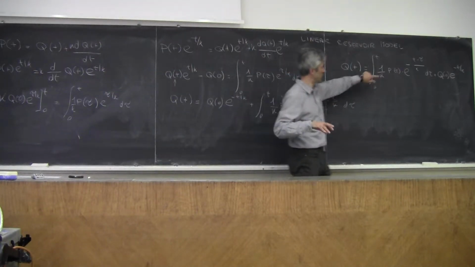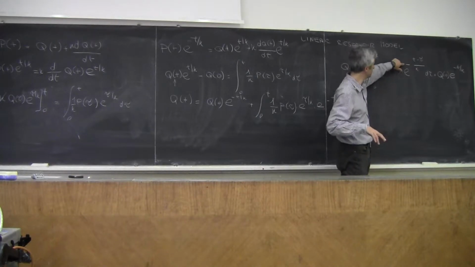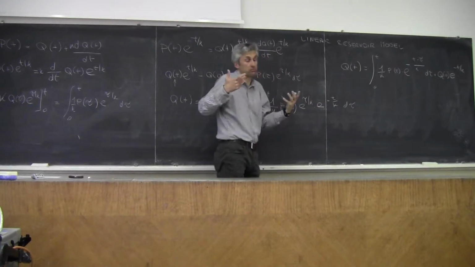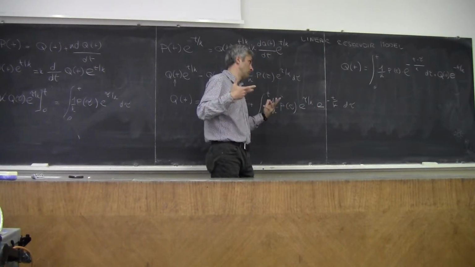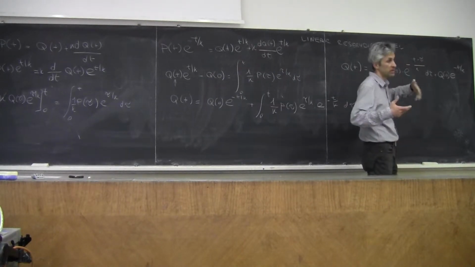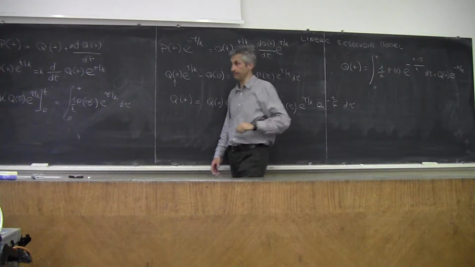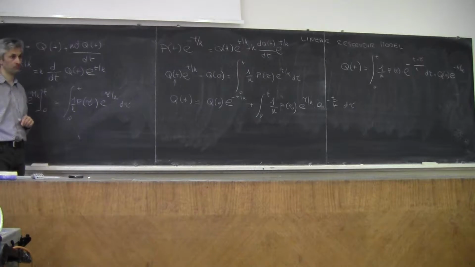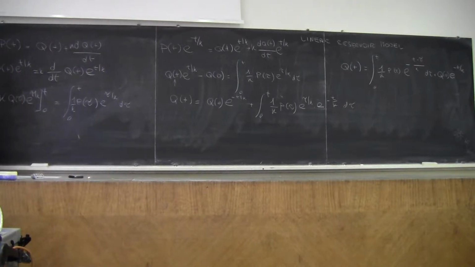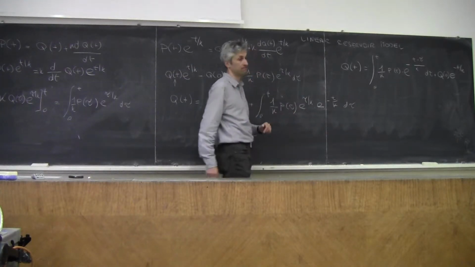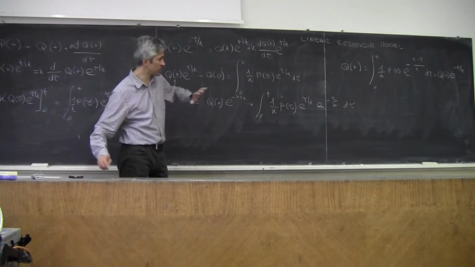Just note that I changed the sign here because, for formalism, I wanted to get t minus tau instead of tau minus t. And if you look here, t minus tau, I want to get an expression that is similar to this one. So I changed the sign, basically. Okay, this is my model.